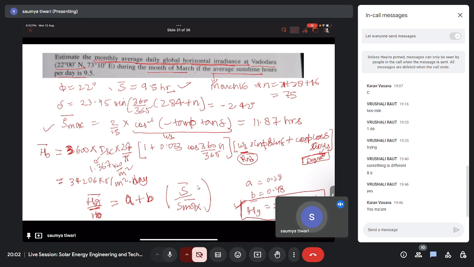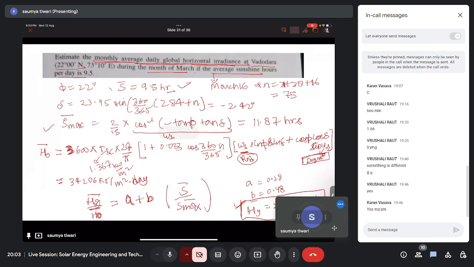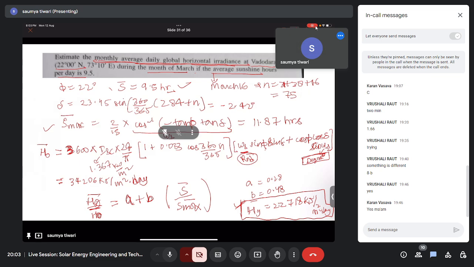If the exact location is not directly given in the question, we should look for a location which is near to it with similar geographical conditions. Okay, so these are the key takeaways from this question. I hope this question is clear to you. Any doubt in this question?